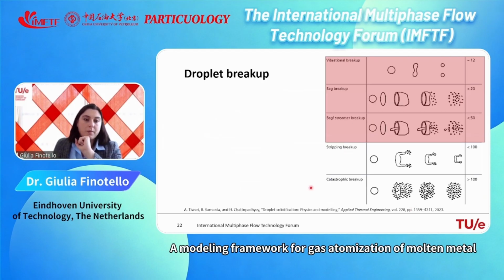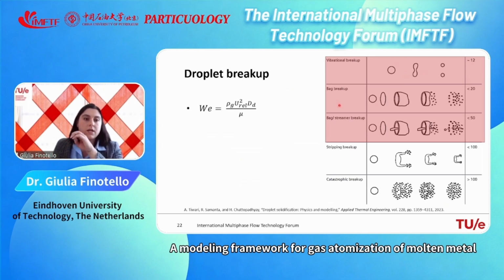So if we go into the details of droplet breakup, you see that there are different droplet breakup regimes, up to catastrophic breakup, and these are really governed by the Weber number. You see in the last column the Weber number at which these breakups occur. What we have seen before all stays in primary atomization, primary breakup.